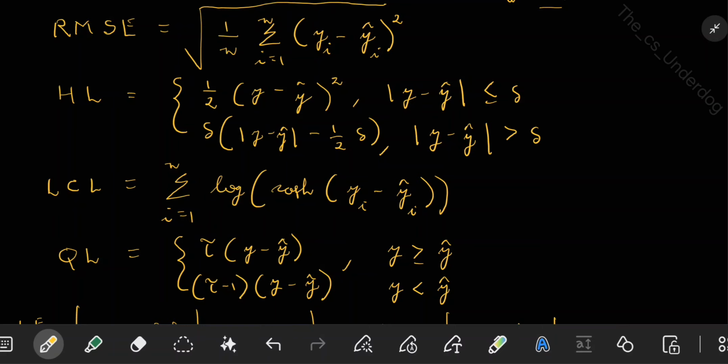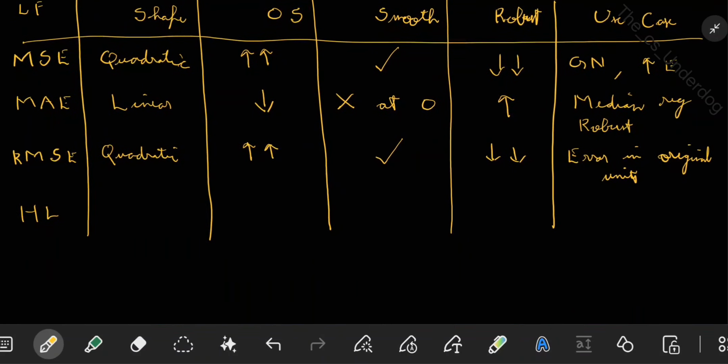So you can't say it is quadratic or linear. I'll write it as quadratic plus linear, okay? Because it depends on the value and where it stands according to the threshold: lower than the threshold or larger than the threshold. Accordingly, it will change. So I'll put shape as quadratic plus linear.